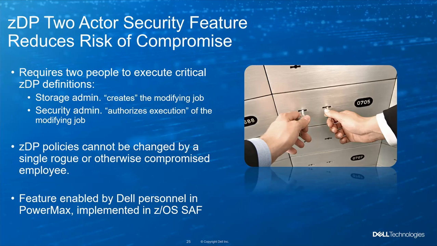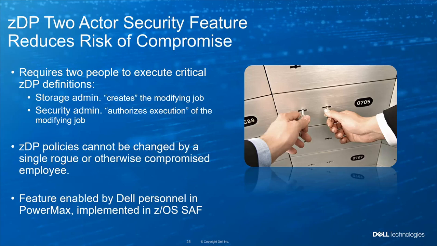And if someone tries to alter that syntax, then that job will fail, because there's been a token created that is a mirror and built out of the exact syntax used for the definition change job. So there's a capability here to ensure that two different people are involved, the way it's implemented through our interface into SAF, and that's enforced through the ZDP two-actor security function, which is enabled by the PowerMax itself.